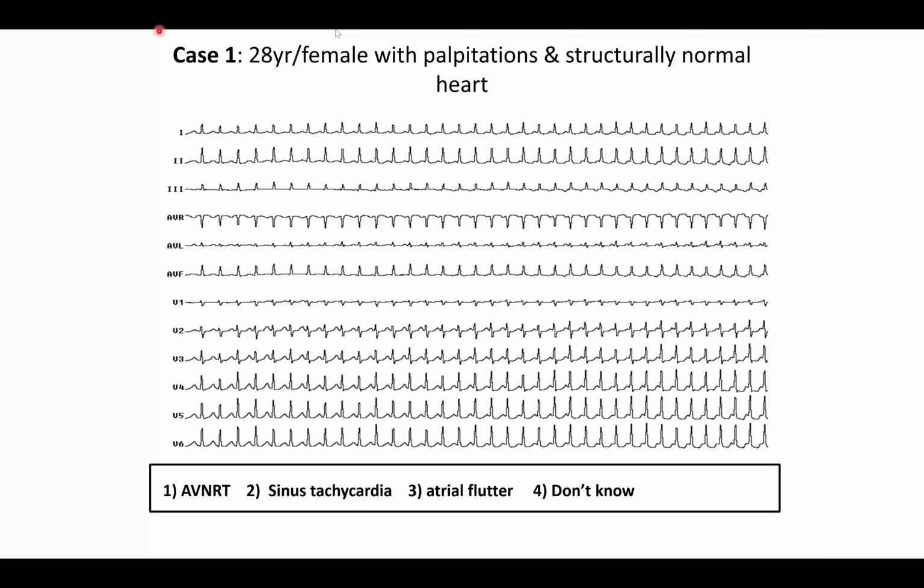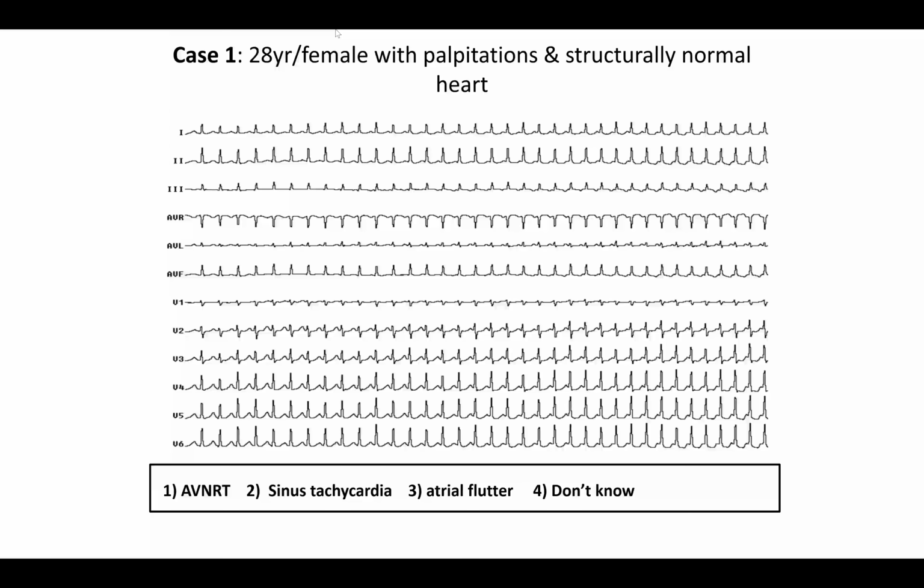It is often said that QRS alternans points to pathway-mediated tachycardias, but it is more true when the rates are lower. At a higher rate, even AVNRT can show subtle QRS alternans, like it showed here.